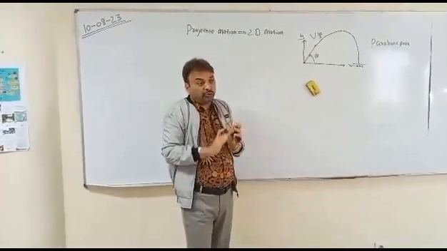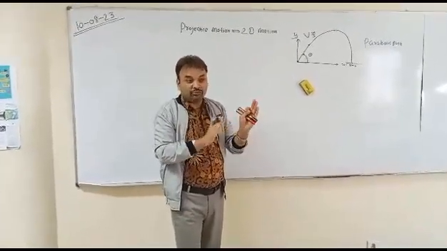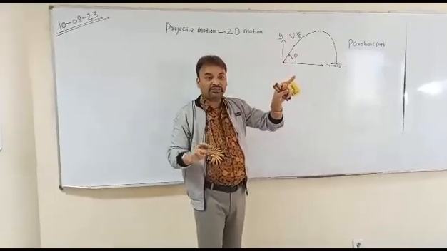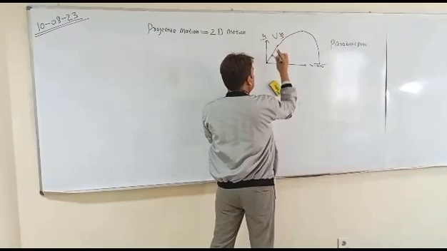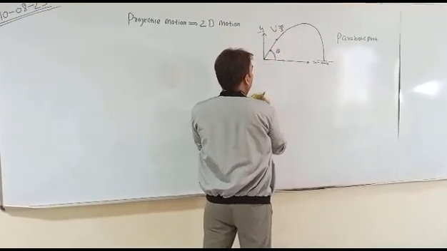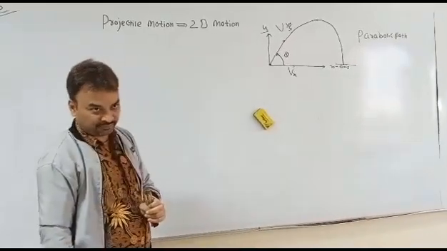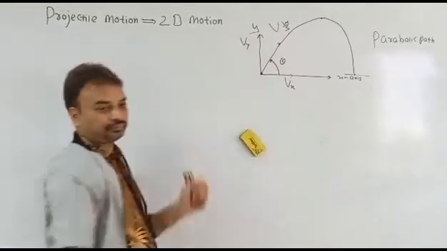Clear? So when the object travels along the x-axis as well as the y-axis, it means the velocity v will also be resolved into two components. Now I will resolve this velocity into two components: one velocity along the x-axis, known as vx, and one velocity along the y-axis, known as vy.